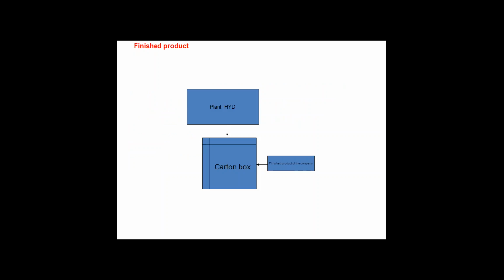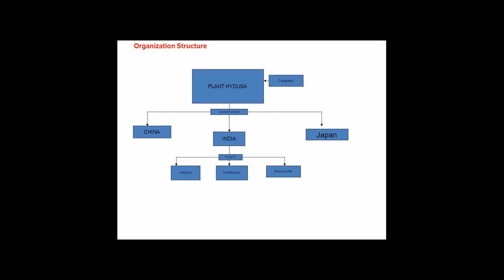Now let us imagine we have started a plant in Hyderabad and my finished product of the company is cotton box. Due to increasing orders, I have started 3 more plants in India like Chennai, Hyderabad and Bangalore. India we call it as company code. Similarly, I can extend my operations in other countries like China and Japan.